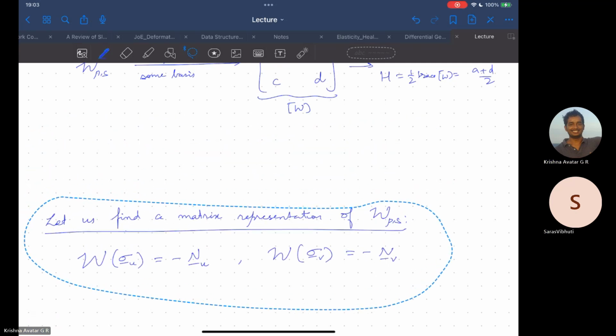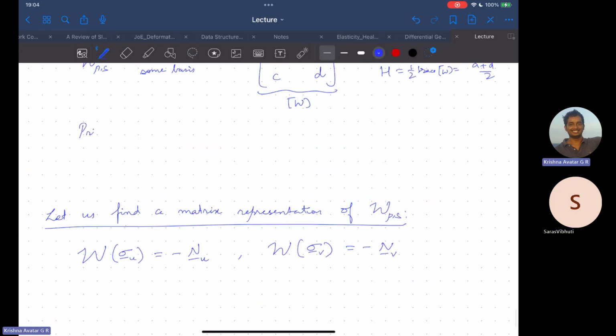Okay, principal curvatures are the eigenvalues of W_{p,S}. That's it. Nothing more. Principal curvatures are the eigenvalues of W_{p,S}.